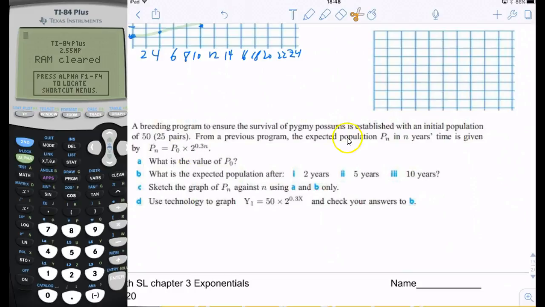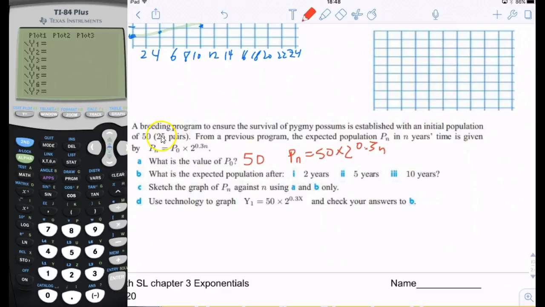In this case, we know that the initial population is 50, so p subscript 0 should be 50. Our expression becomes p subscript n equals 50 times 2 to the 0.3 n power, n being the years.